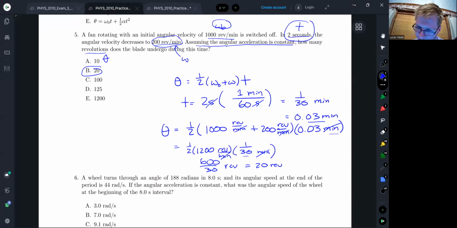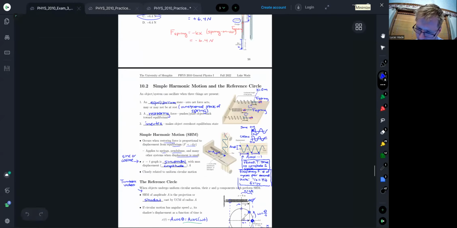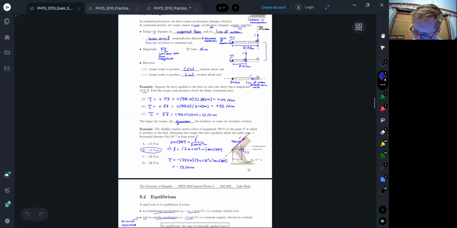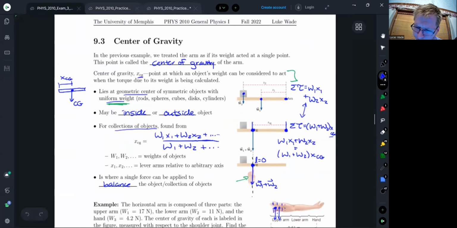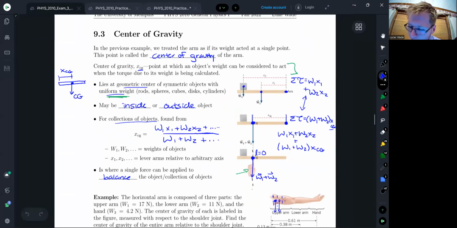So here, I'm going to go back to the notes real quick to talk about this. So where is it? Okay, this part. So yes, center of gravity is the point we can treat the weight of an object as acting through when we're considering the torque that weight produces around an axis.